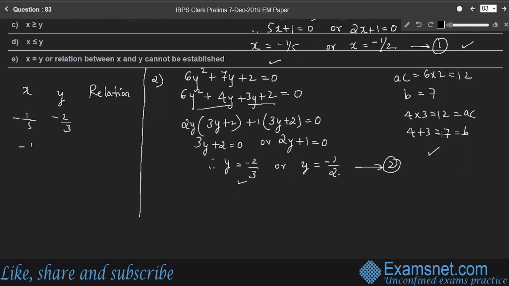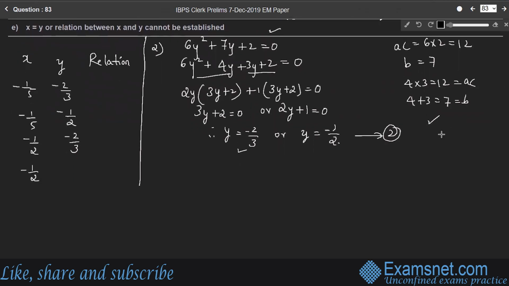If x is -1/5, y is -1/2. If x is, what is the next value? -1/2, y is -2/3. If x is -1/2, y is again -1/2.